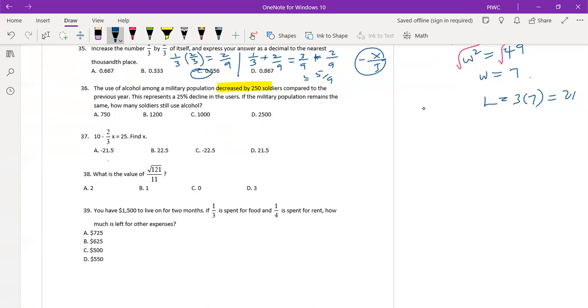So it decreased by that, and this represents 25% in decline. So consider proportion, 25 out of 100. The decline is just 250. Then you find X, because the 100% is the whole.